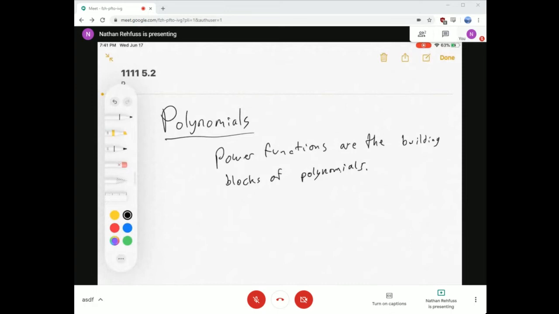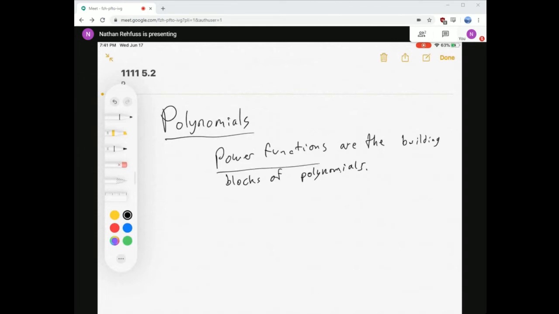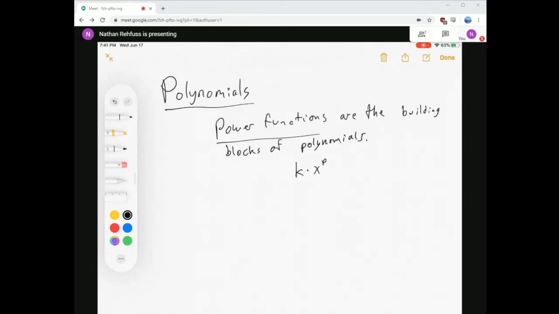The easiest way to define them is to look at what they're made out of. Power functions are the building blocks of polynomials. What are power functions? It's easiest to define them by example. It's anything of the form k times x to the p, where p is one of the numbers 0, 1, 2, 3, 4, 5, 6, and so on.